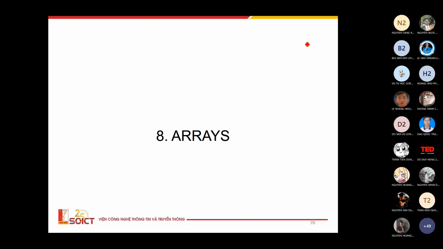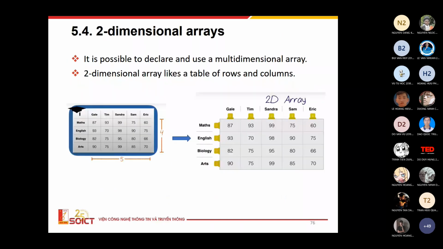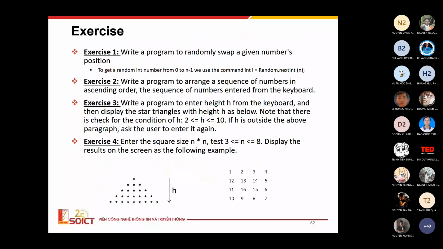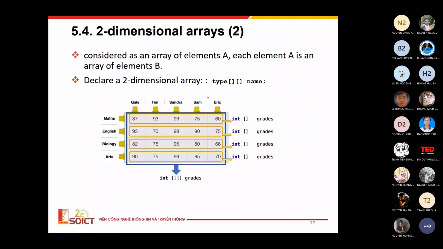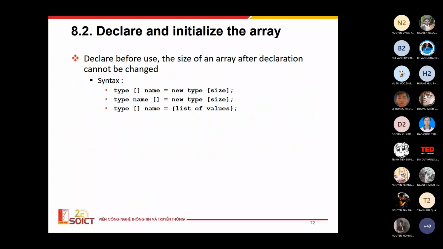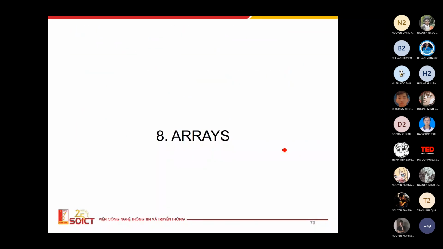And let me see if the homework has been erased or not. I think this has the array here. So for the array, you will read it at home, okay?